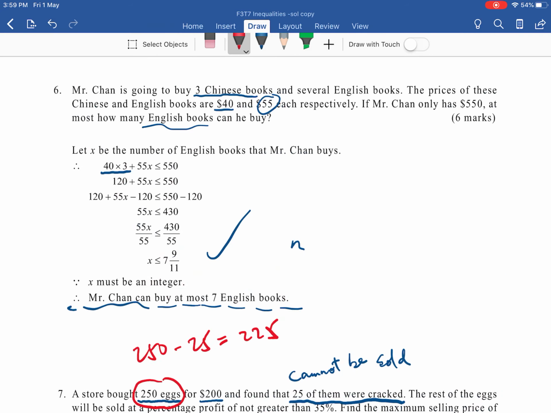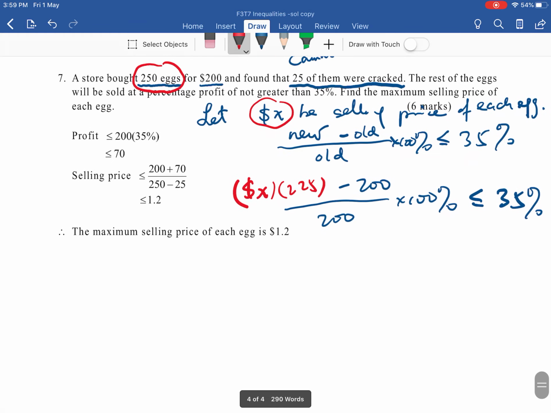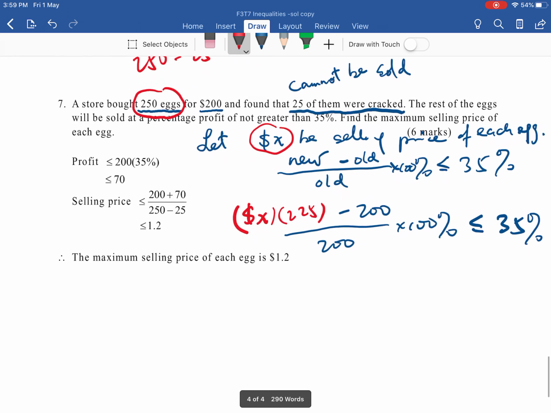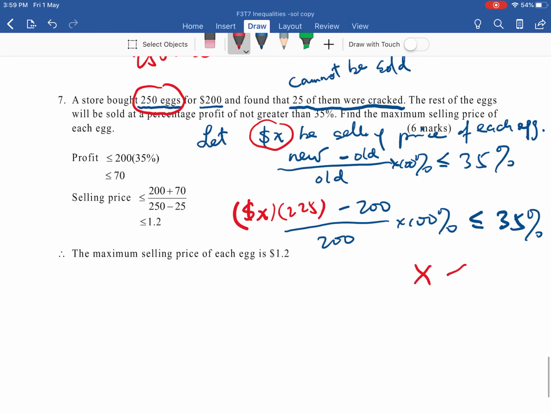And then after solving it, you will see that X will be less than or equal to 1.2. Okay, but many students cannot get it correct during these steps. What I do is to think about the profit first, okay, which is $70.